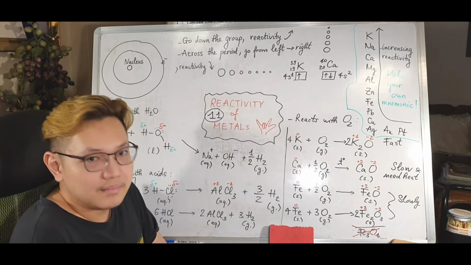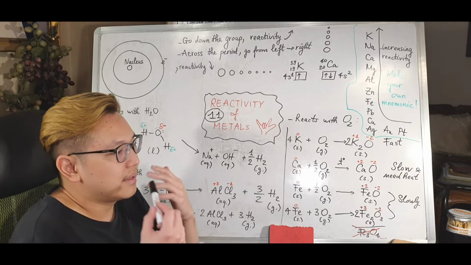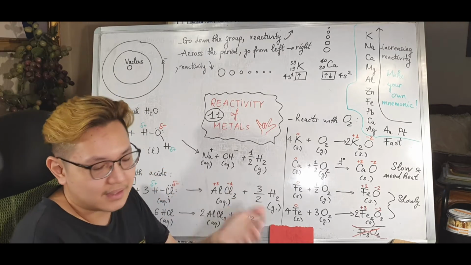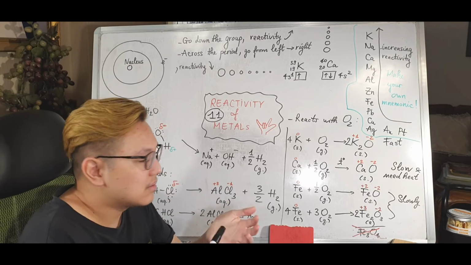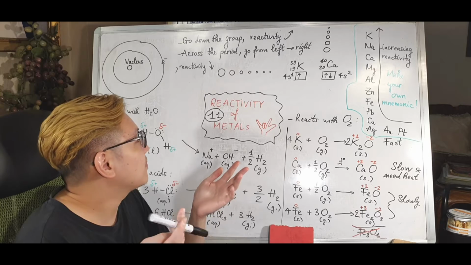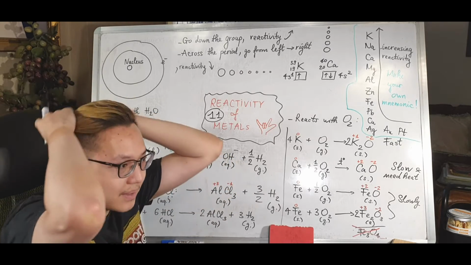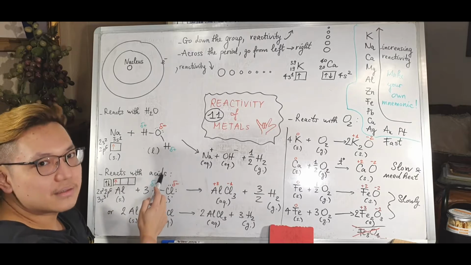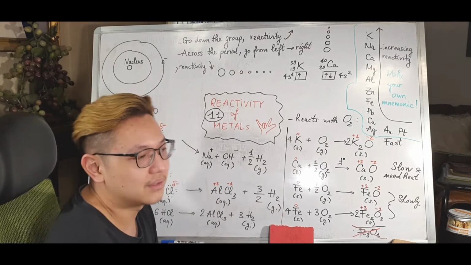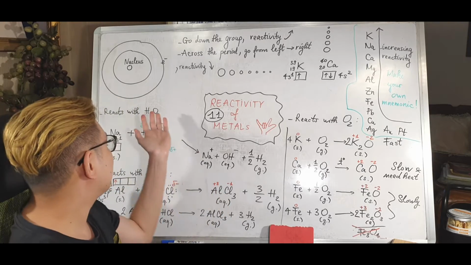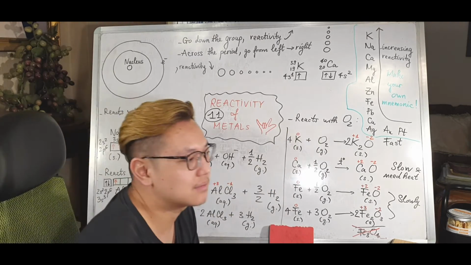Well, these are common metals, and basically there's a trend among them in terms of reactivity, like how they react. So when we talk about reactivity of metals, we often talk about their reaction with water, with acids, or with oxygen. I mean, there could be more reactions, but these are the three most basic.